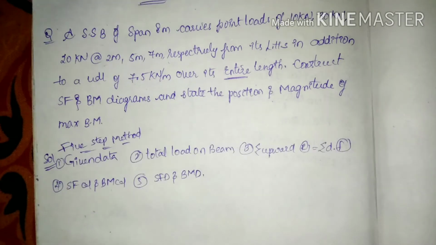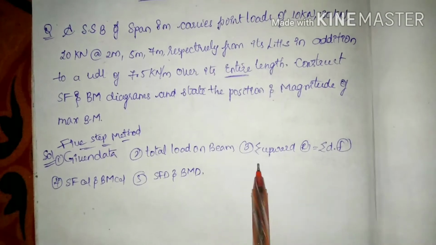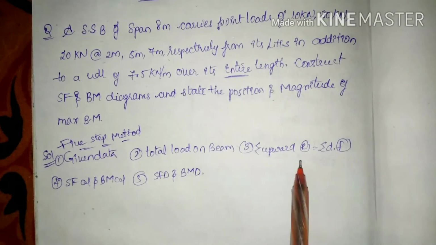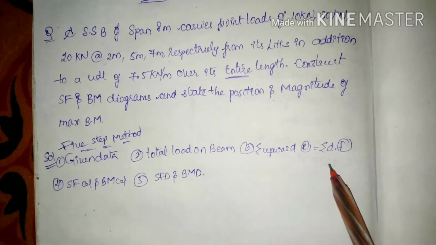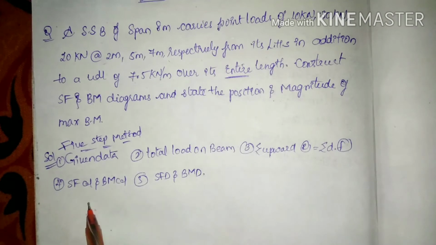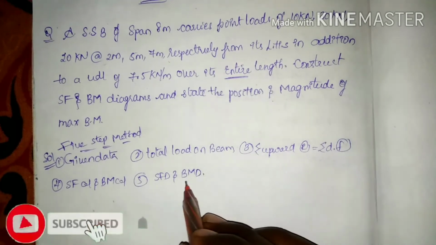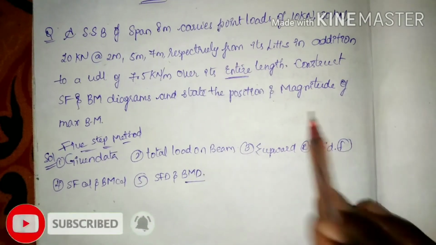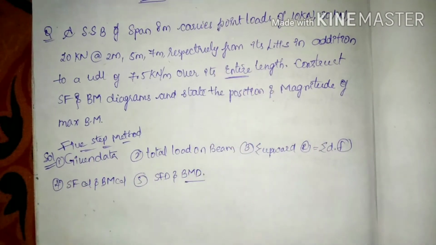Number 1, given data; number 2, total load on beam; number 3, summation of upward reactions is equal to summation of downward forces. Number 4, shear force calculation and bending moment calculation. And number 5, the shear force diagram and bending moment diagram. From these diagrams we can state the position and magnitude of the maximum bending moment.